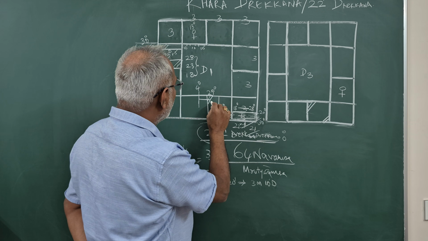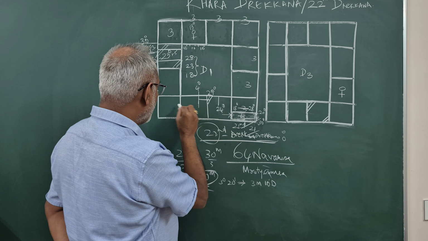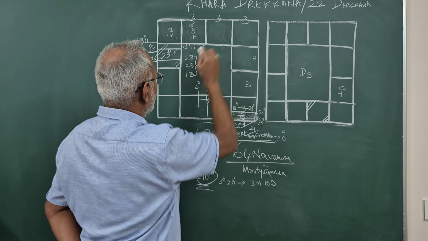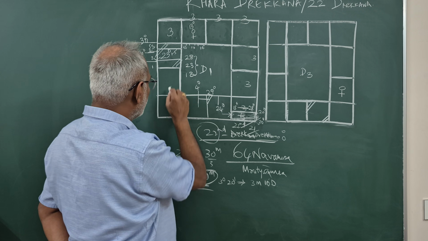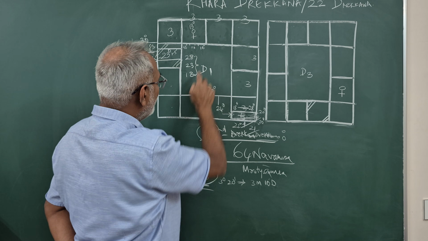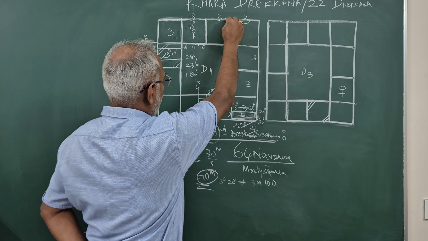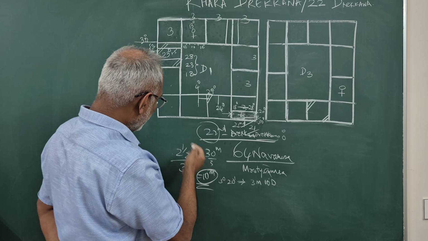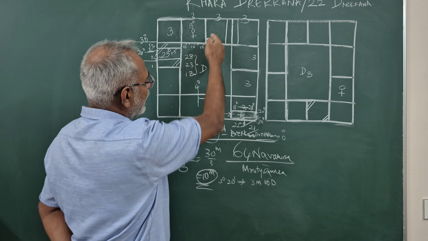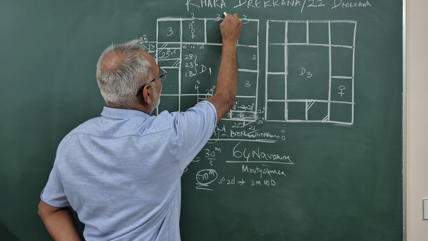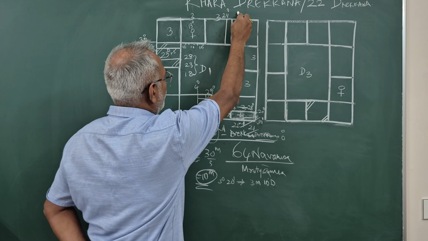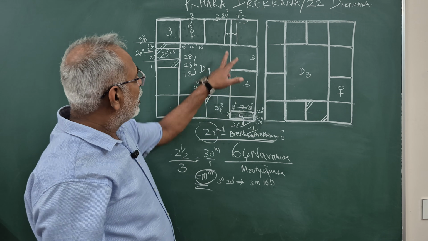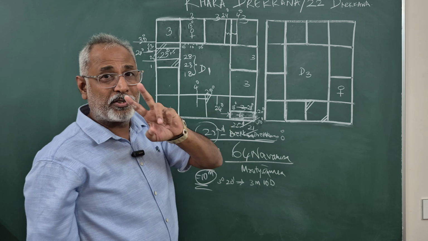Let us take 1, 2, 3, 4, 5, 6, 7, and so on, it will be the 7th and 8th house, correct. So it will be 24 degrees and 4 degrees, split over 2 Rashis.